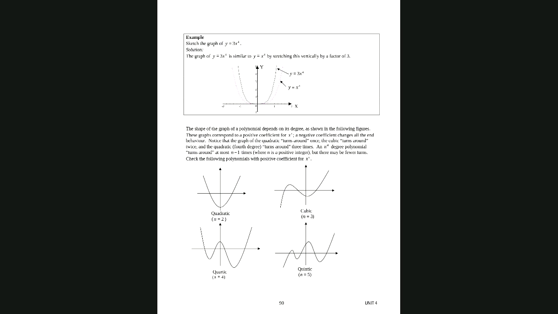If your highest order is 4, always the vertices or turning points number n minus 1, where n is the highest order. That is also one general behavior you must know about a polynomial.